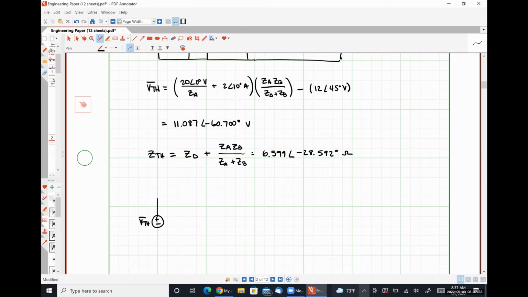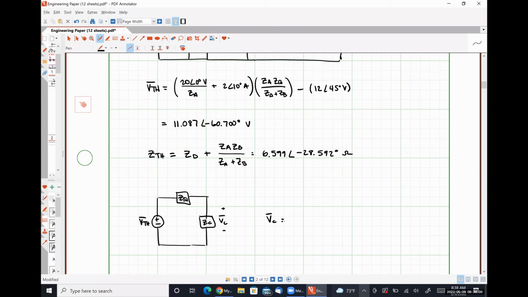So here we have our Thevenin voltage. Here we have our Thevenin impedance. Here we have ZC. And our goal is to determine what the voltage drop over VC is.